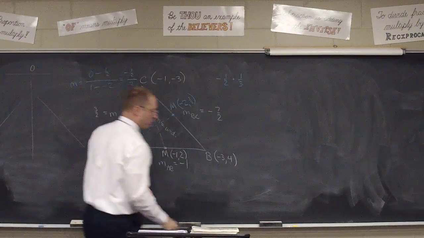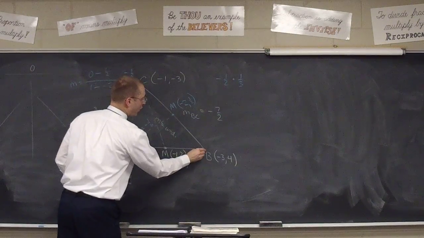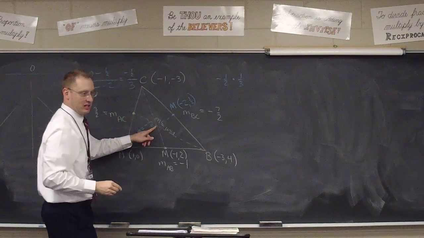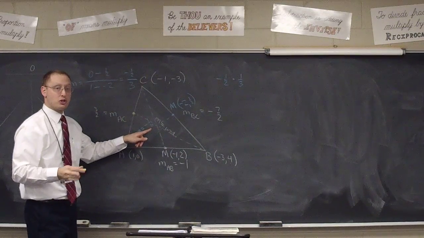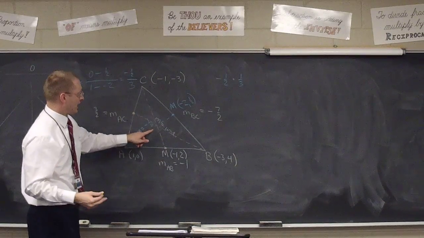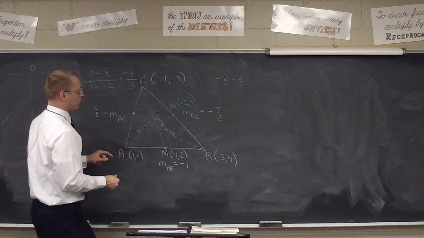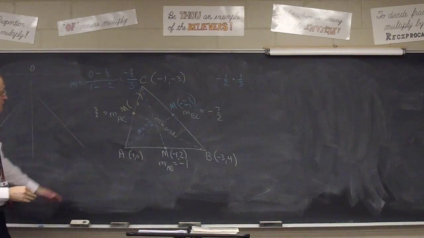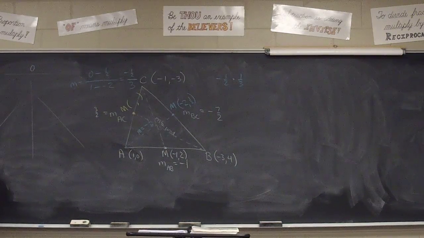All right, we have one more median. And by the way, remember, all of these medians will intersect perfectly at the true center of gravity, center of mass, called the centroid. Do you remember that term from last year? Okay, those will all intersect at the centroid. But let's go ahead and find this midpoint now, the midpoint of AC.